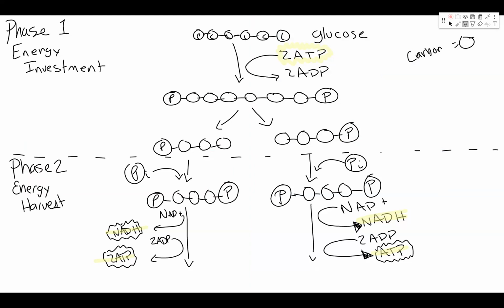And in the end, we get 2 3-carbon molecules, and these are pyruvates. So we're going to get 2 molecules of pyruvate out of 1 molecule of glucose. Sorry, it's 3 circles. Sorry.